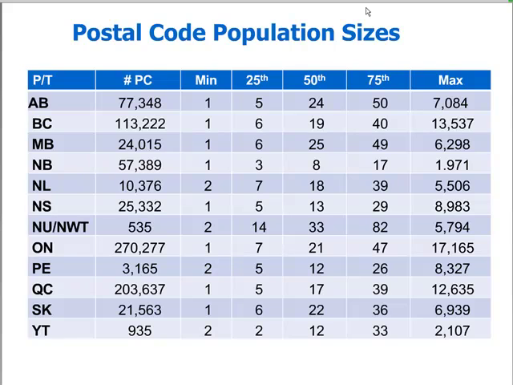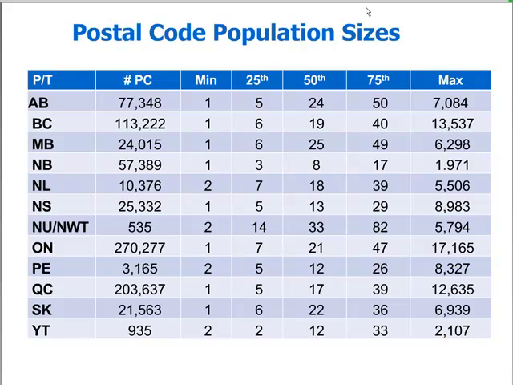So this is a box and whisker plot for the provinces and territories. I can't zoom in on this, so I'll try to walk you through it. In the bottom row, the second one from the right is Ontario, and the plot on the right-hand side is for urban postal codes, and the one on the left-hand side is for rural postal codes.